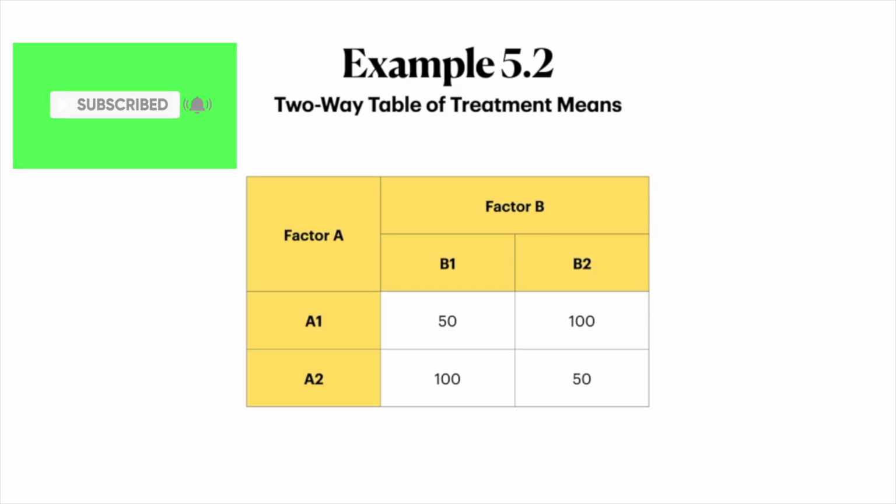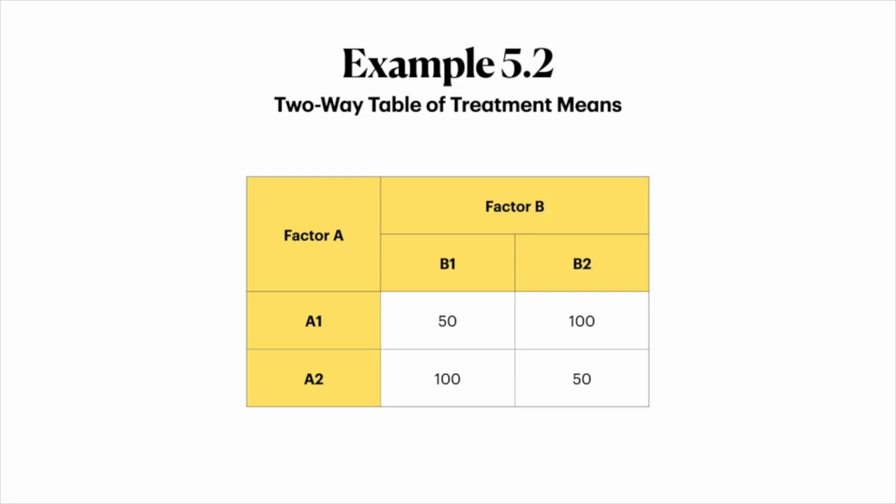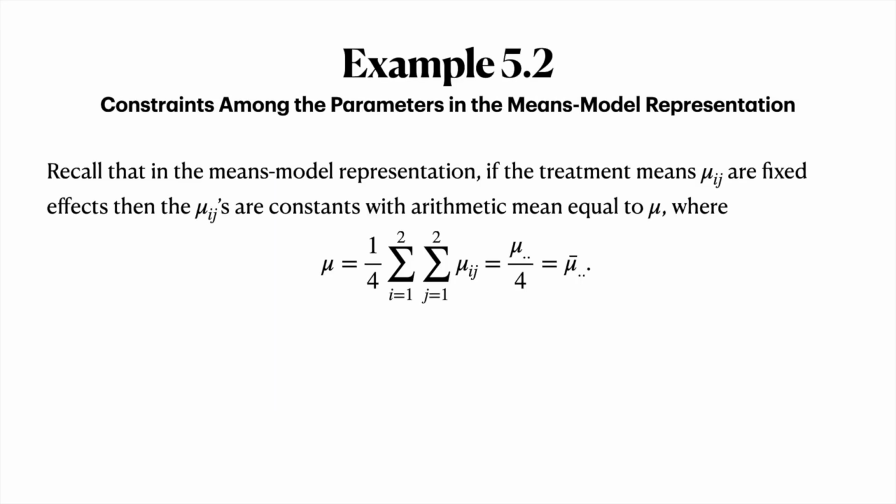And the mean of the treatment combination for A2B2, which is denoted by mu sub 22, is 50. So these are the treatment combination means, and we're going to be calculating various means and effects as we did in the previous example for this particular situation.